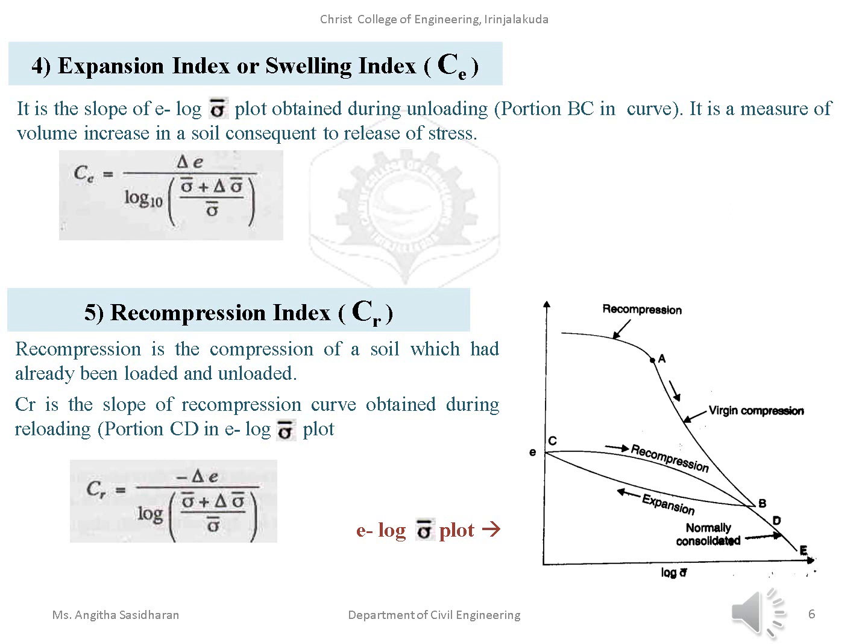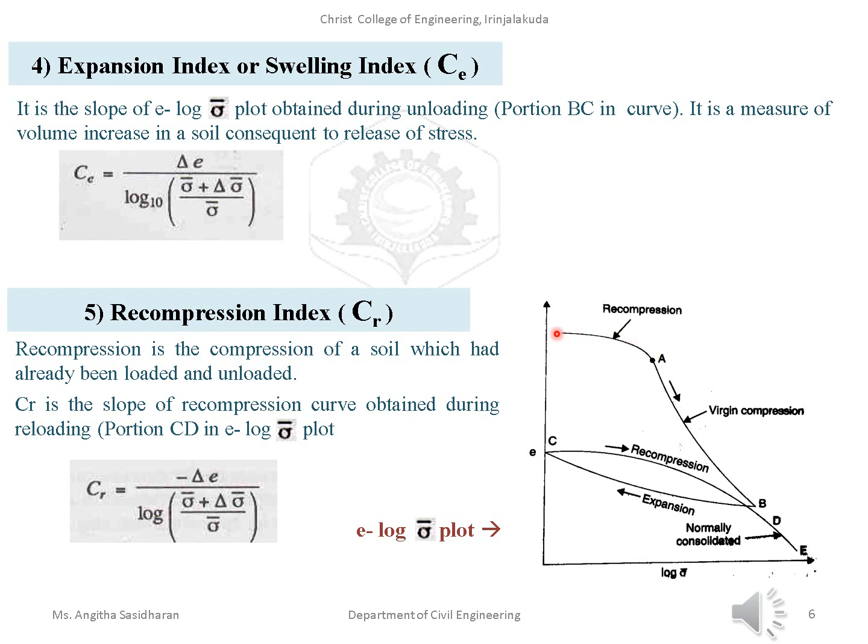Next is the recompression index. It is the compression of a soil which had already been loaded and unloaded. Once it has experienced loading and was also unloaded, the compression corresponding to that is recompression. So CR is the slope of the recompression curve obtained during reloading.